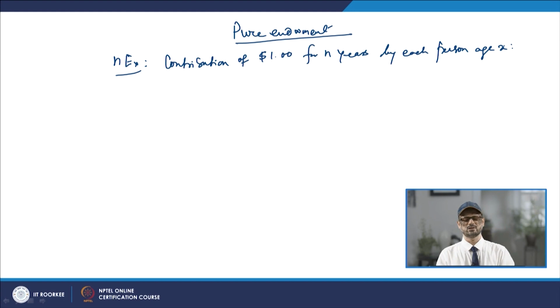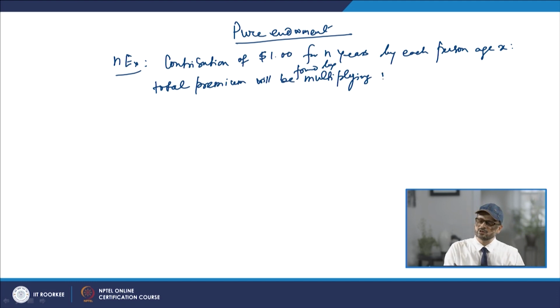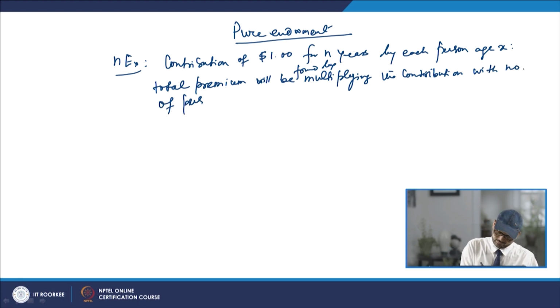In that case the total premium will be found by multiplying this contribution by the number of persons who are alive.